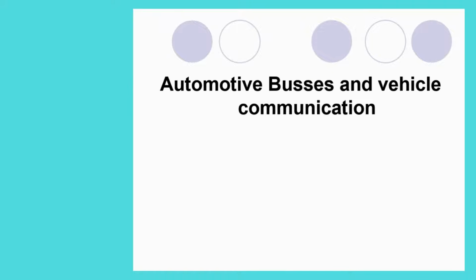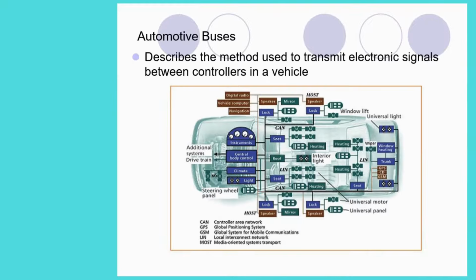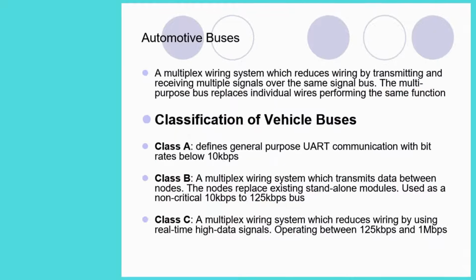Automotive buses and vehicle communication. Automotive buses describe the method used to transmit electronic control signals between controllers in a vehicle. An automotive bus is defined as a multiplex wiring system, which reduces wiring by transmitting and receiving multiple signals over the same signal bus.